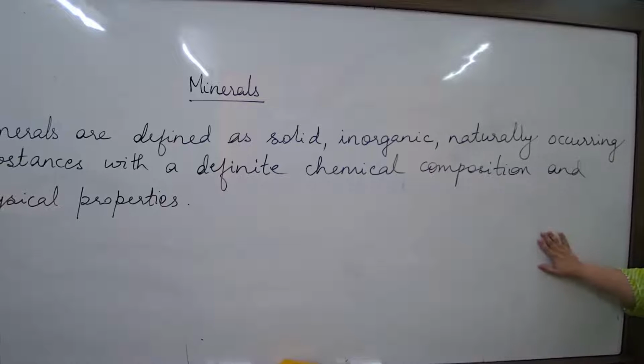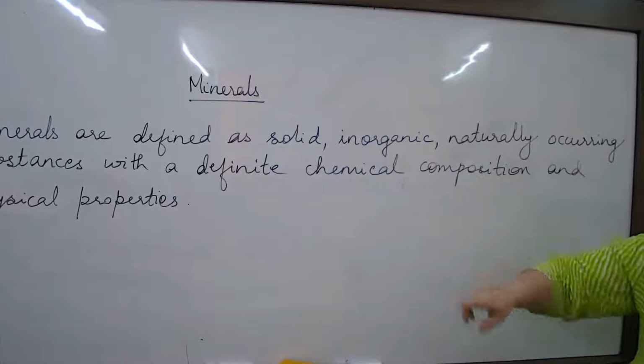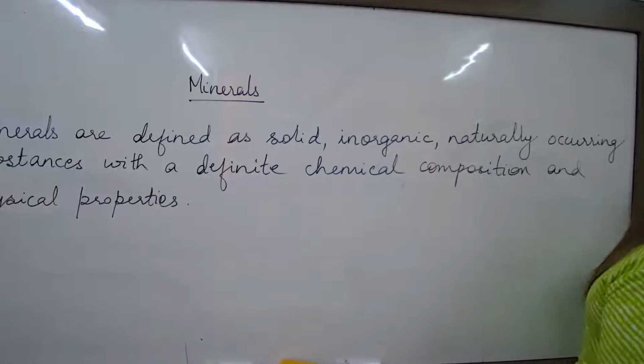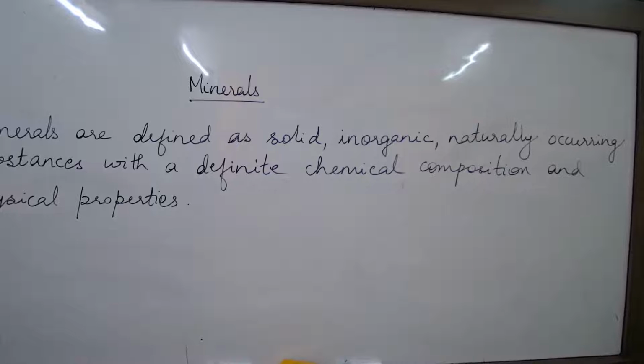So what are the important points in this? Solid, it will be solid like iron, copper, okay, and all those metals. Inorganic means it doesn't contain any life properties in it, no plants, no animals, okay, they're chemical.